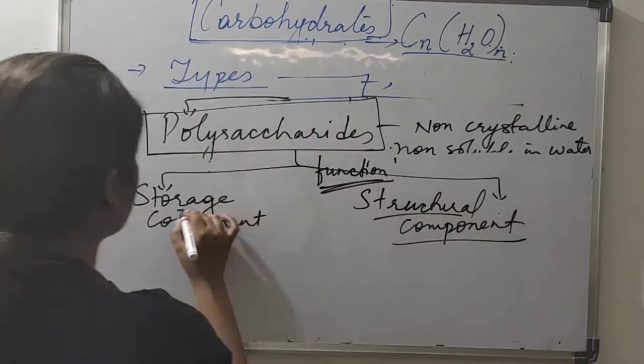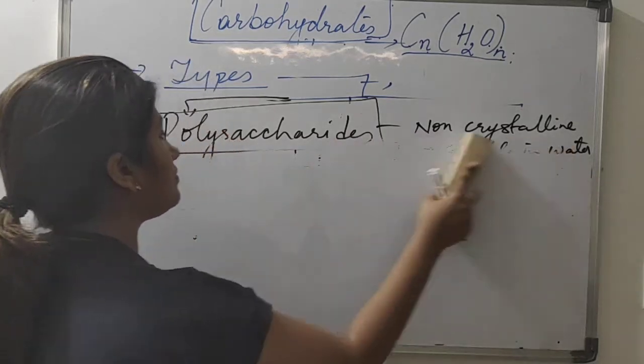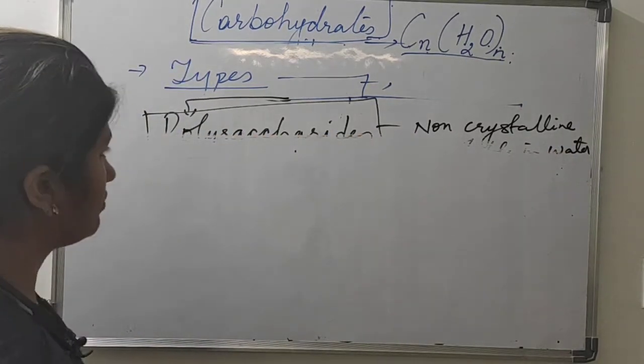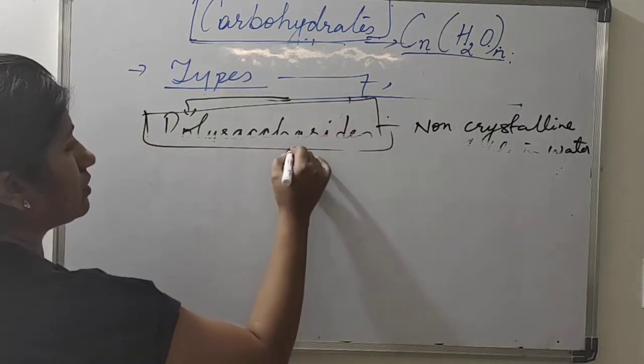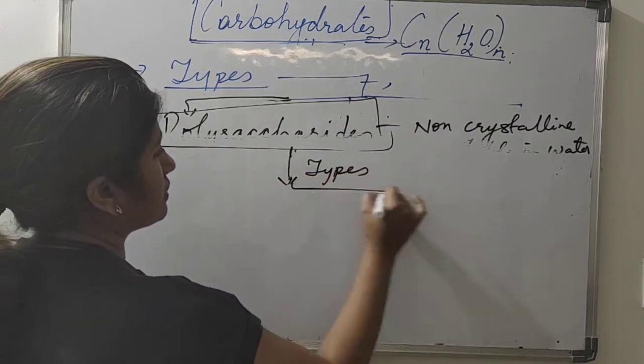So we'll see some examples here. To understand the examples, we have to learn their types.